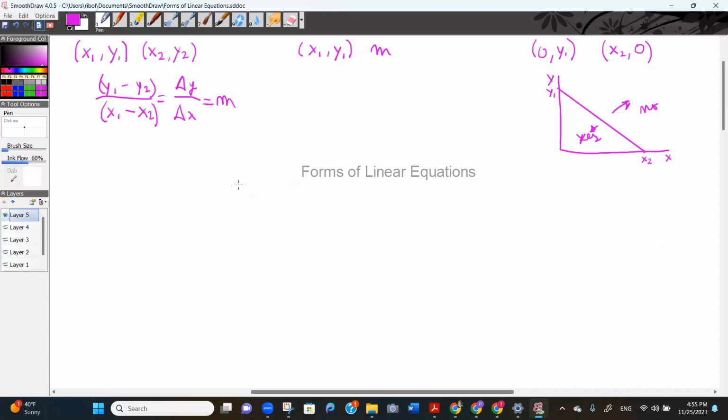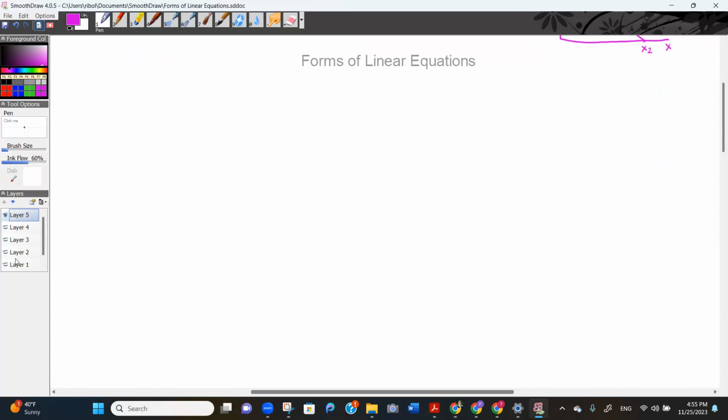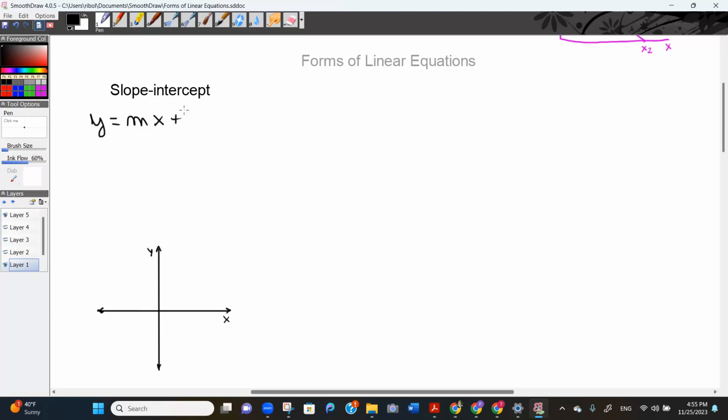So let's move on now and look at the different forms of linear equations that we have. The first one is the slope-intercept form of the equation. In the slope-intercept form, the formula is y equals mx plus b. And so we know that in here we have the slope, m.